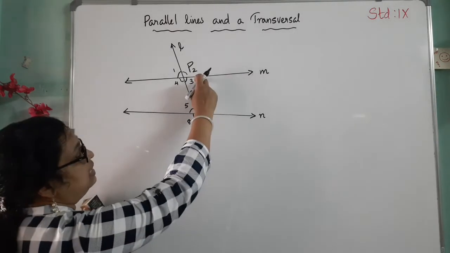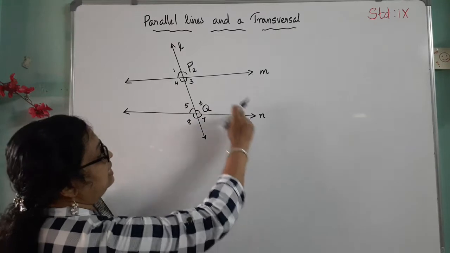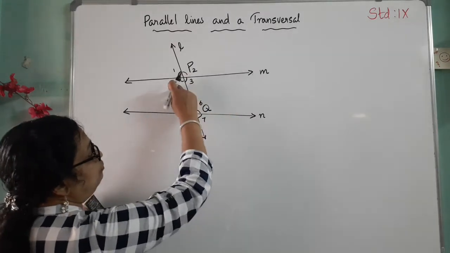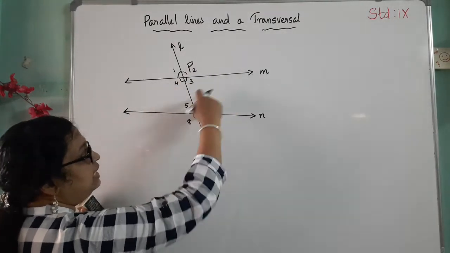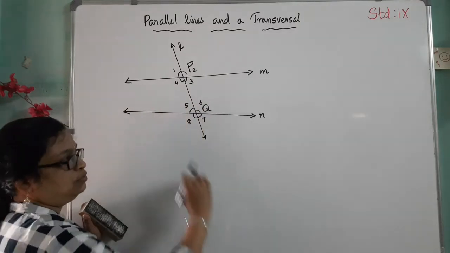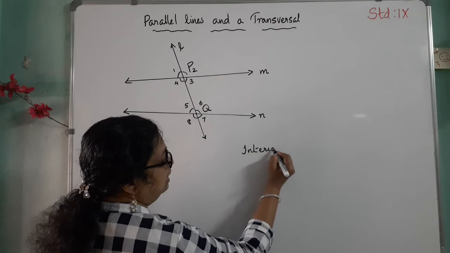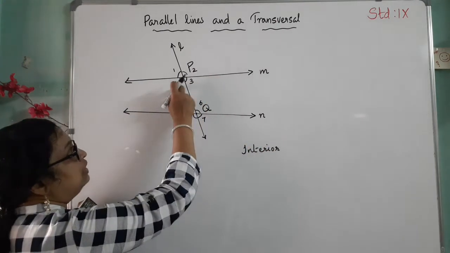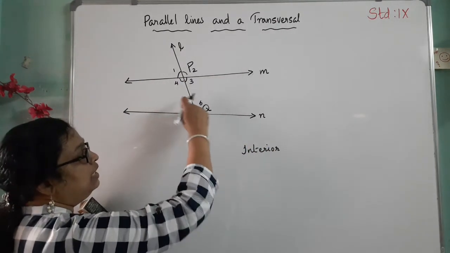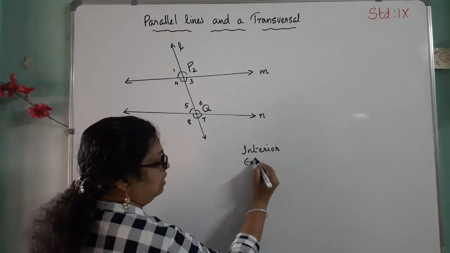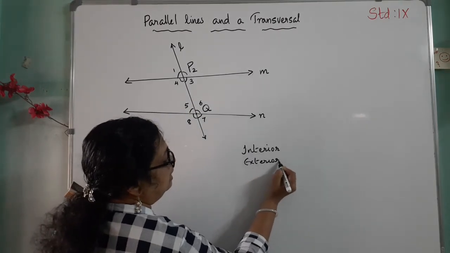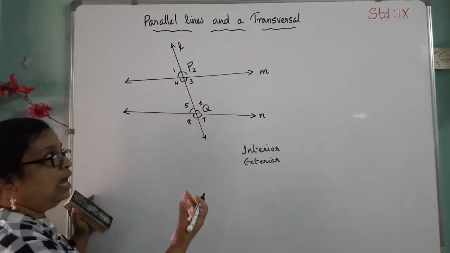M is a line and N is a line. The angles between M and N, that is 3, 4, 5, 6, are formed inside the lines. That type of angles are called interior angles. Interior means inside. That is, 3, 4, 5, 6 are interior angles. Then exterior. Exterior, you know, means outside angles.